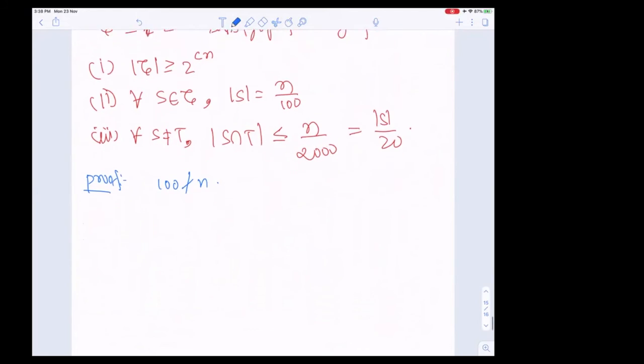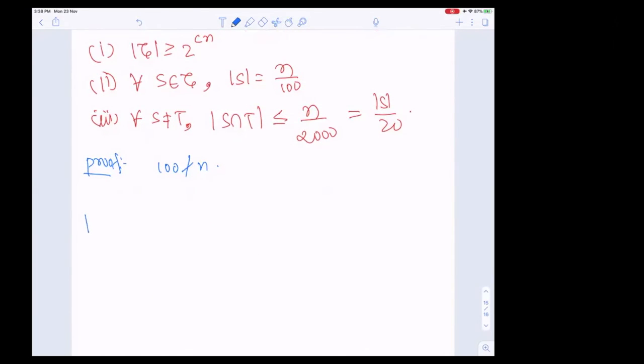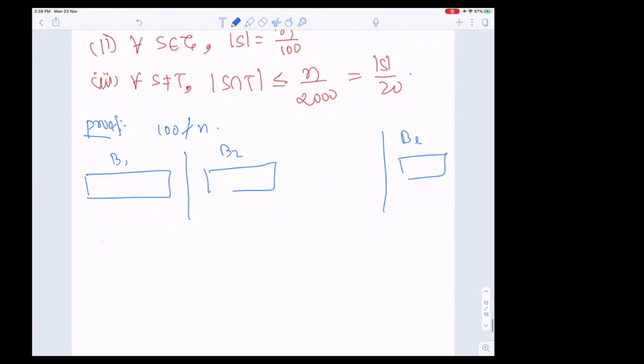We are going to make buckets: bucket 1, bucket 2, up to bucket L, where L is n over 100. So it is like 1 to 100, 101 to 200, and so on.